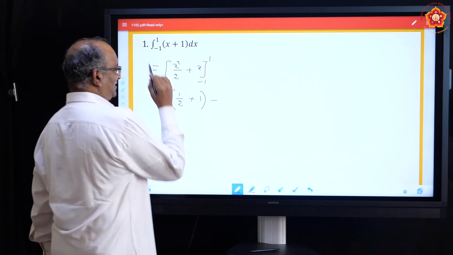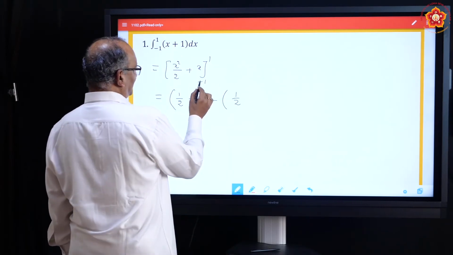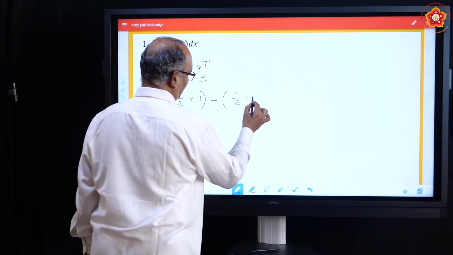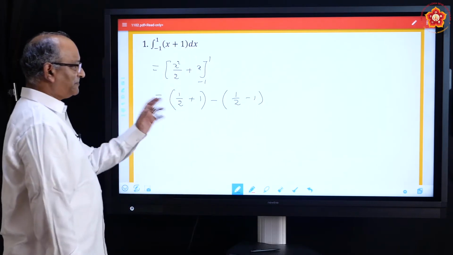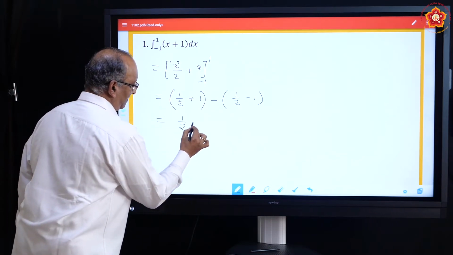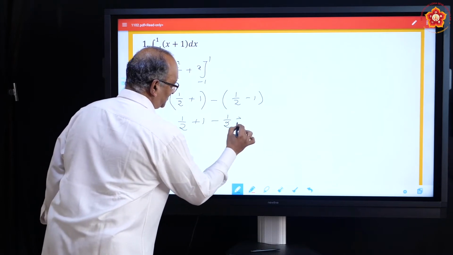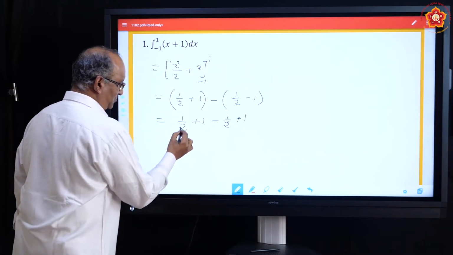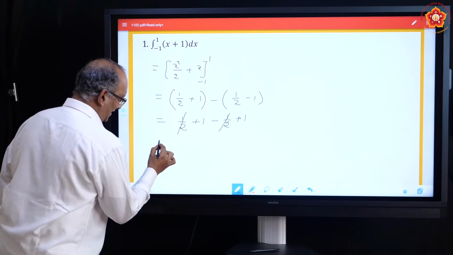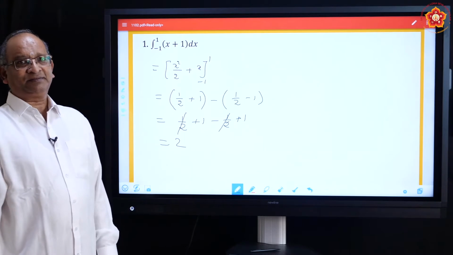Minus 1 square is also 1, so it is 1 by 2, plus minus 1. Open this bracket. So what do you get? You get 1 by 2 plus 1 minus 1 by 2 plus 1. So 1 plus 1 becomes 2. 1 by 2 minus 1 by 2 gets cancelled. The answer is 2. So simple it is.